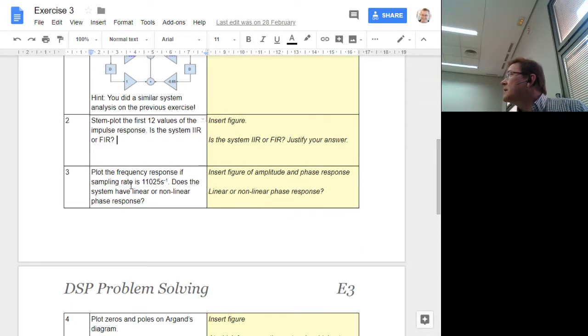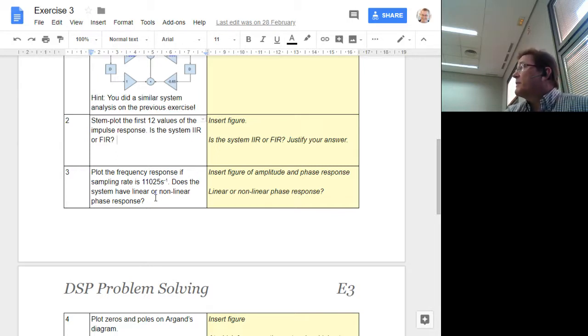And then stem plot the first 12 values of the impulse response and determine if the system is IIR, meaning infinite impulse response, or FIR, which is finite impulse response system.